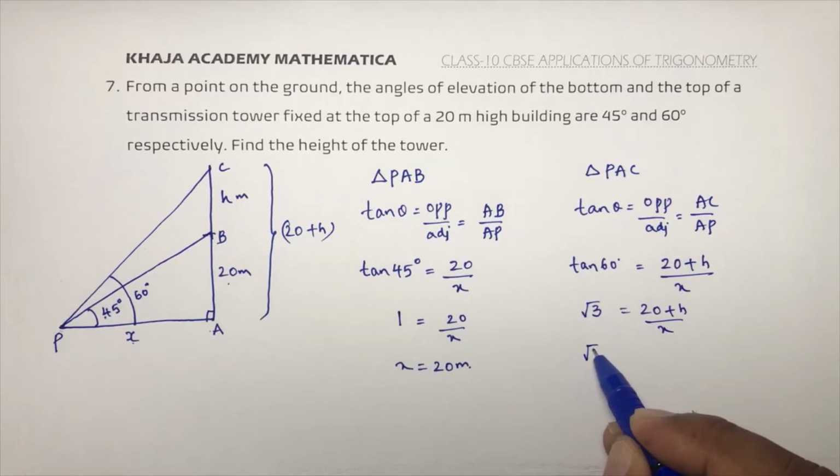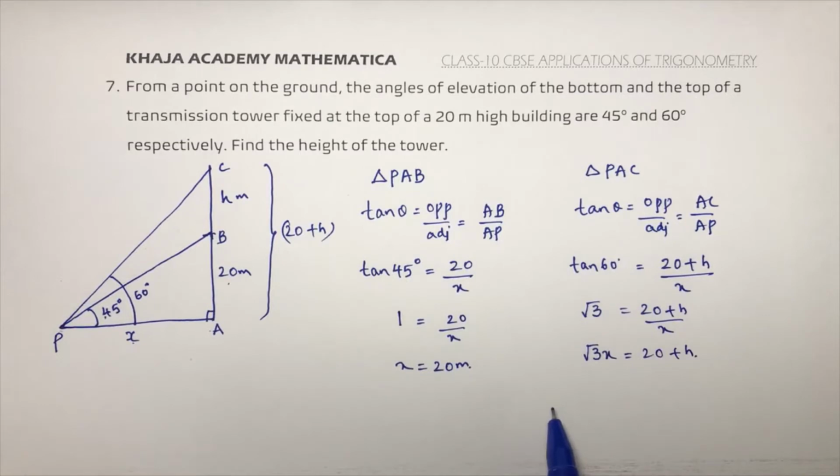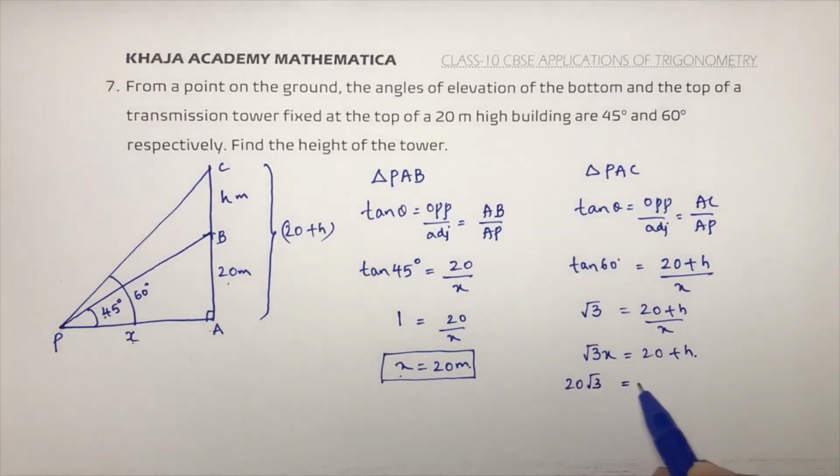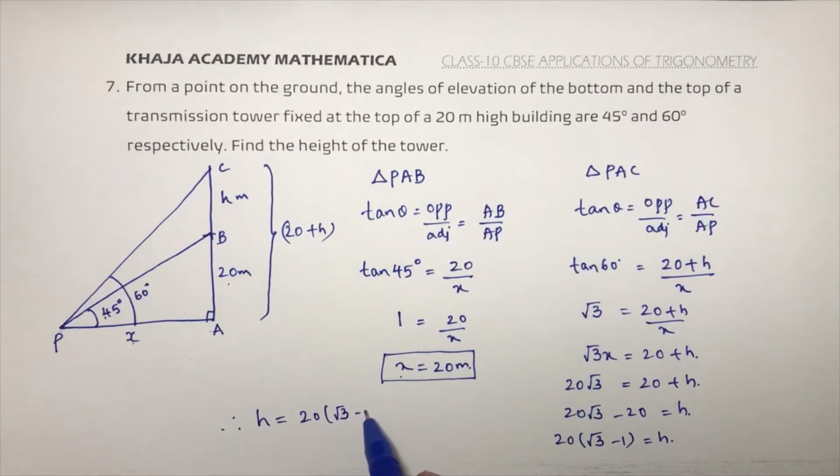If we cross multiply, root 3 x equals 20 plus h. But the value of x is 20. This I'll substitute in this. So 20 root 3 is 20 plus h. 20 root 3 minus 20 equals h. If we take 20 common, 20 into root 3 minus 1 equals h. Therefore, the height of the tower is 20 into root 3 minus 1 meters.